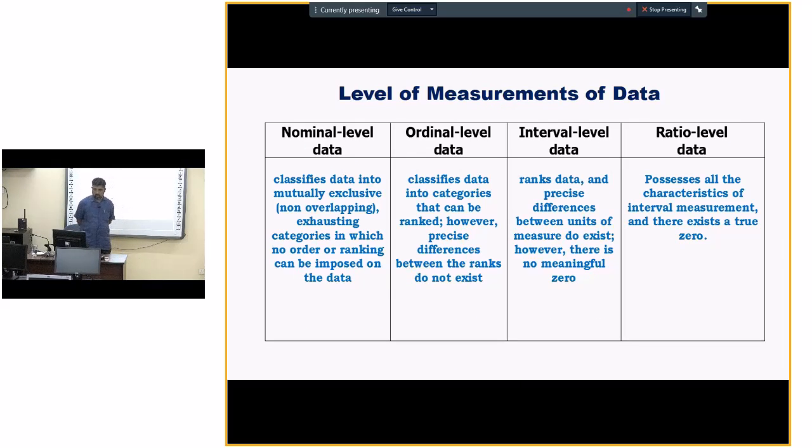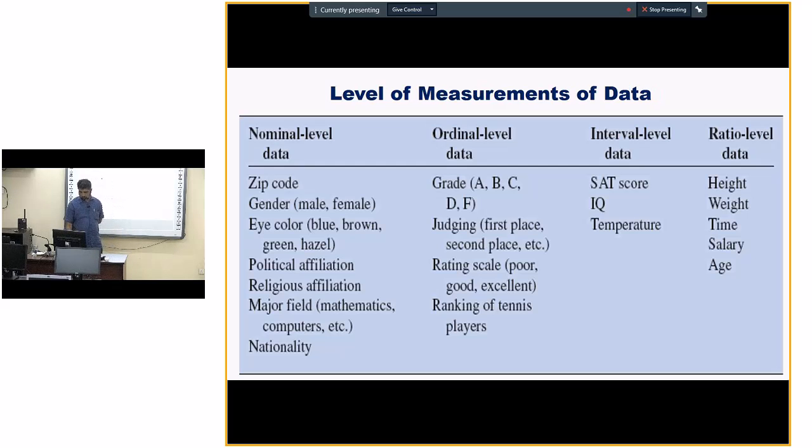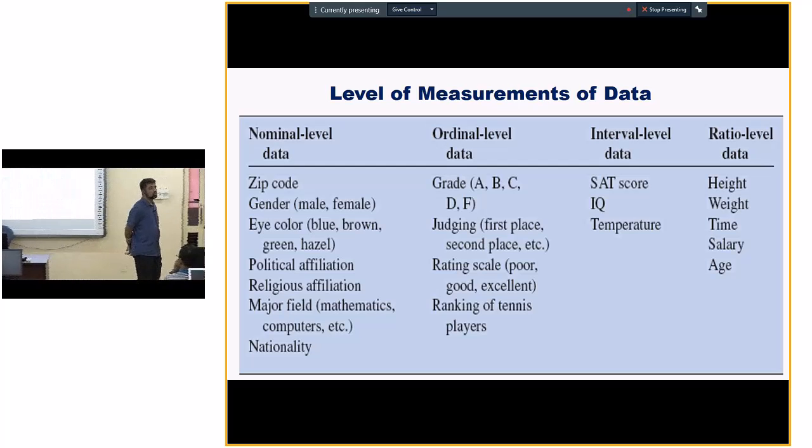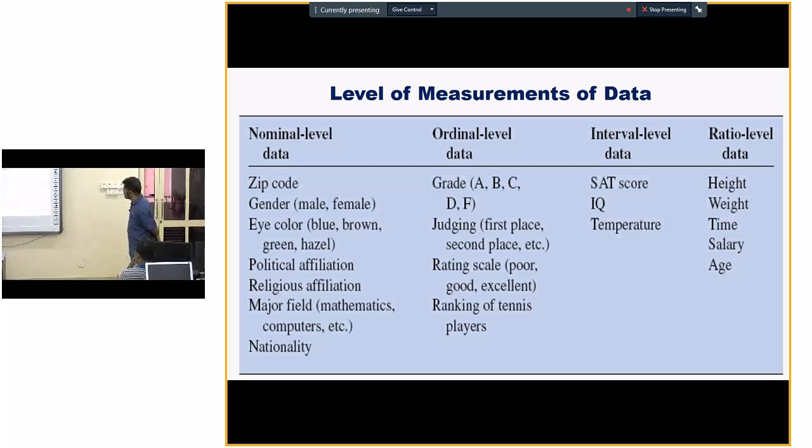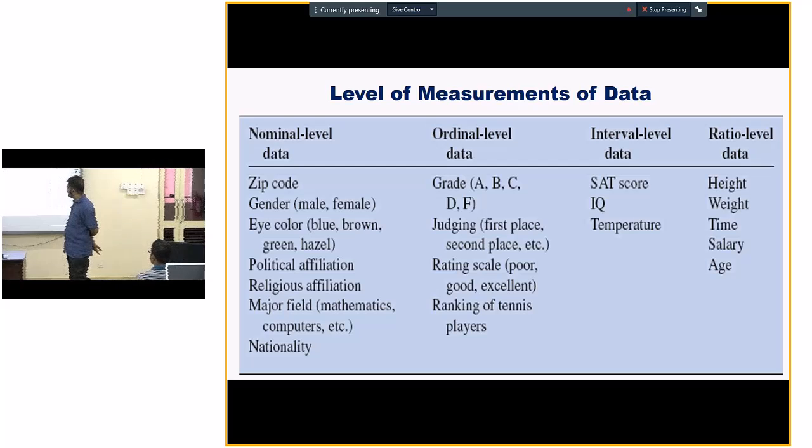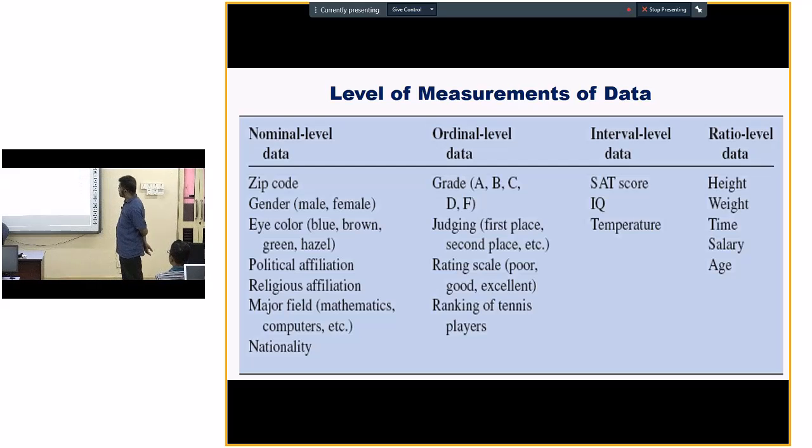Again, this is for you. You can refer to them. I'm not going to discuss them again and again. These are examples for each level. There are a number of examples, again from the book. Then what are the examples for nominal level data, ordinal level data, interval level data, and ratio level data?